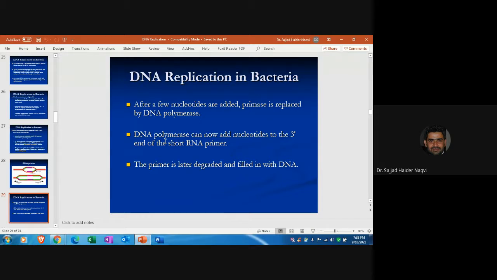So make sure that this primer has been made just to facilitate the DNA polymerase to synthesize the DNA molecule. By itself, the primer is not part of the DNA structure. So once the DNA molecule or the chain has been synthesized, this primer is no more needed. So it's cut from the chain and degraded, and that's how the DNA replication process is completed.